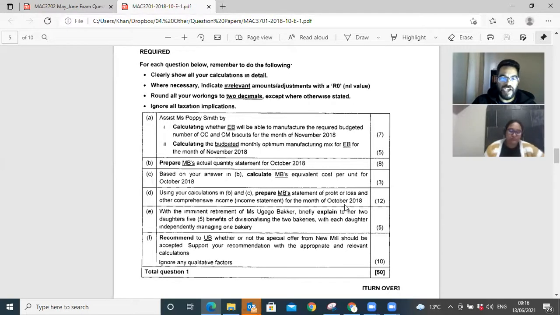So they never said actual or budget. So most likely October is actual, because it says using B and C, and B is using actual information. C is using B, which means also actual information. So just take note of that.